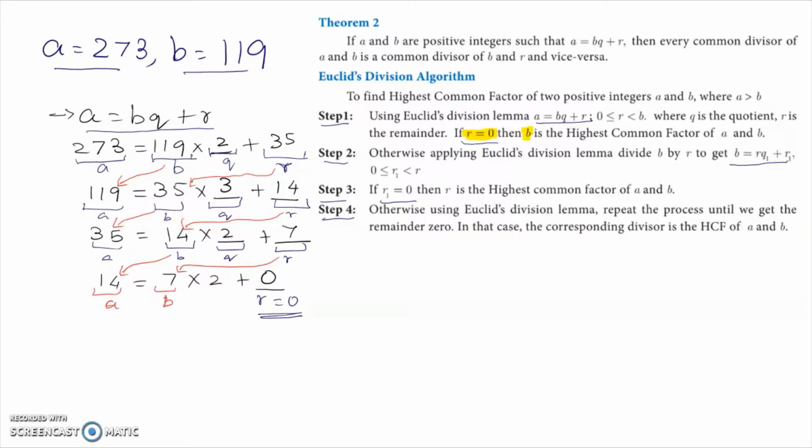So if R is 0, then this B that we got, which is 7, is the highest common factor of 273 and 119.